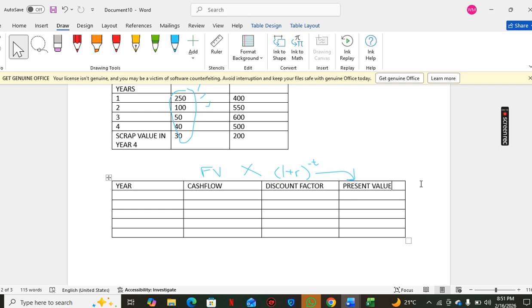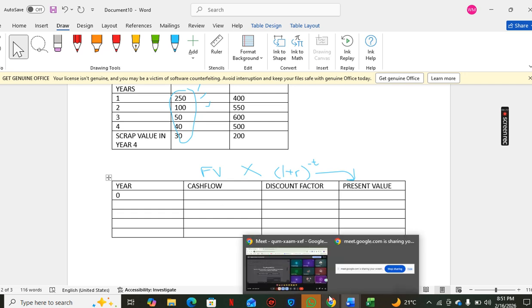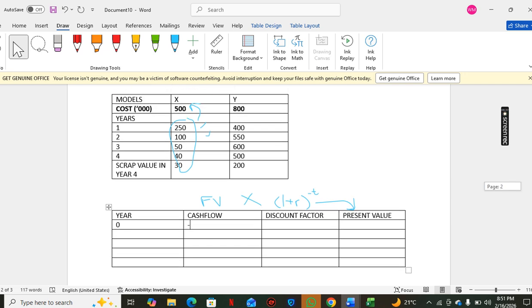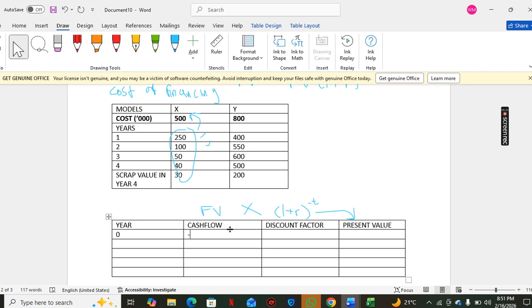So we're going to begin with year 0. Year 0 represents the first day of year 1. This is when you are purchasing the machine X. So we're going to say the cash flow here, we're going to put negative 500,000 here.